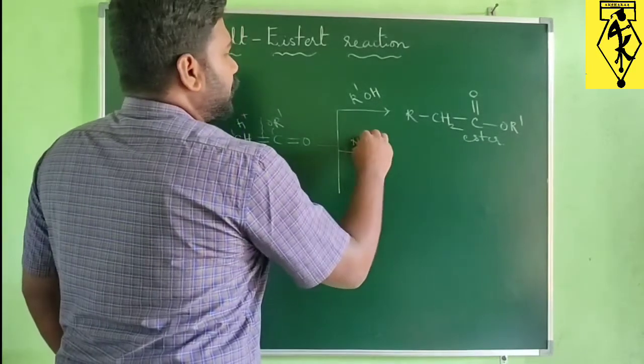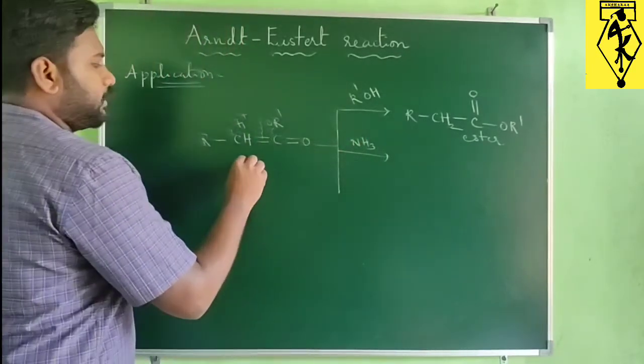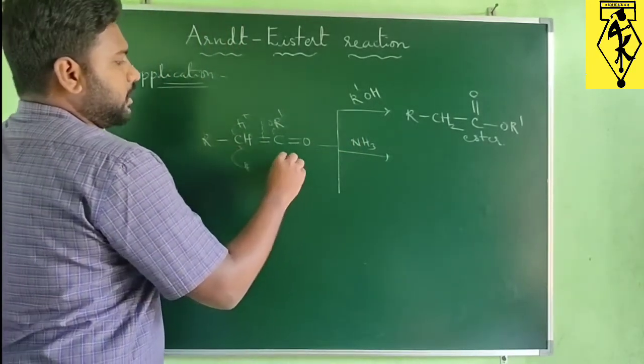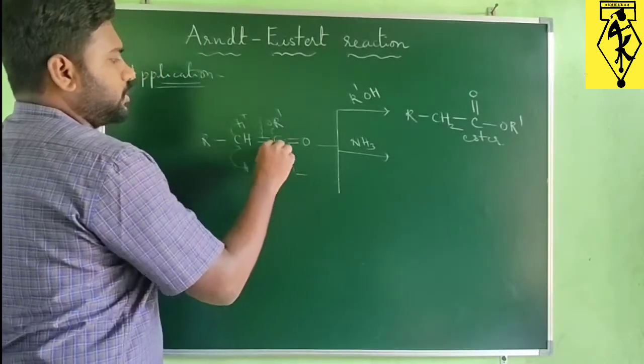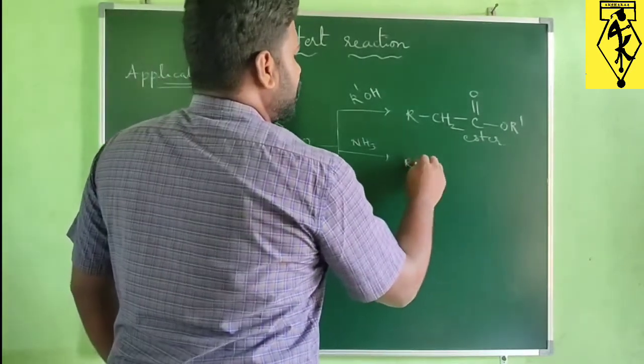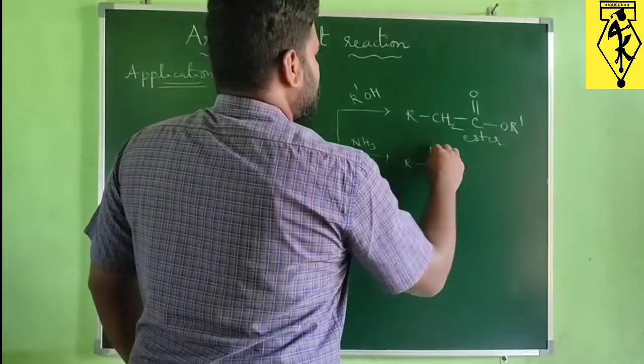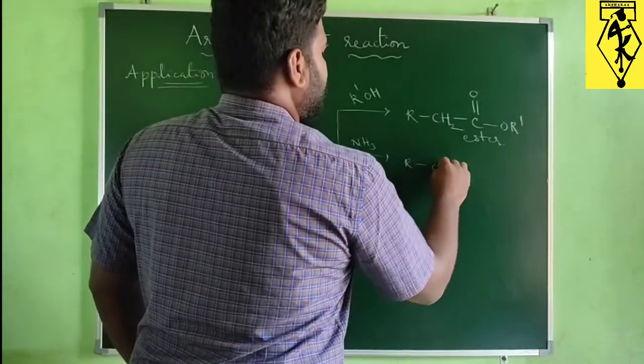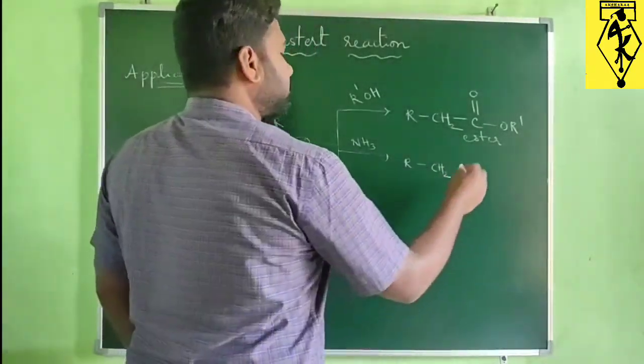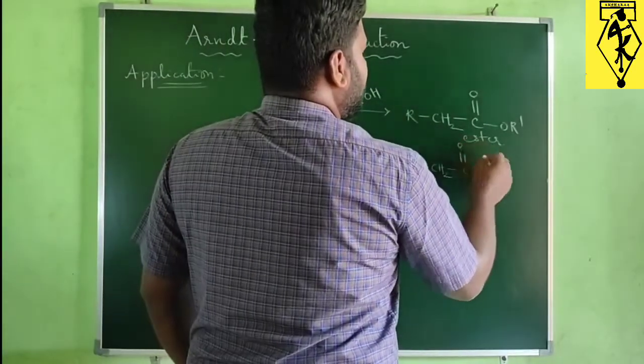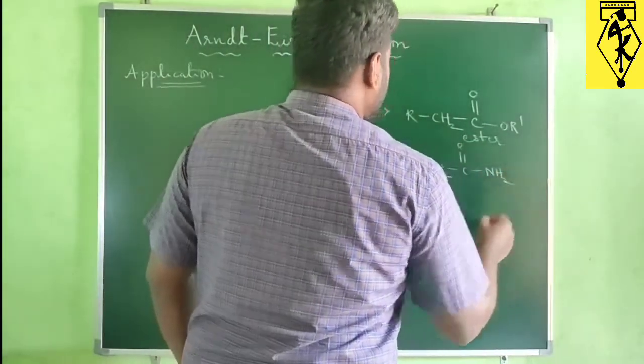Similarly, if we take ammonia, the same thing: H plus to this carbon and NH2 to this carbon, it becomes RCH2 C double bond O NH2.